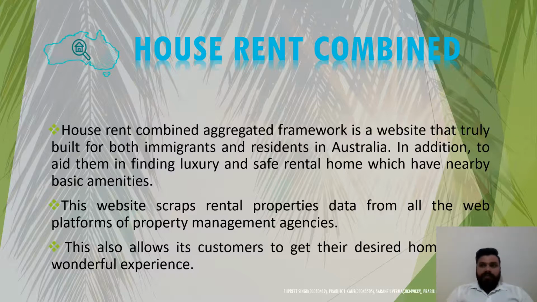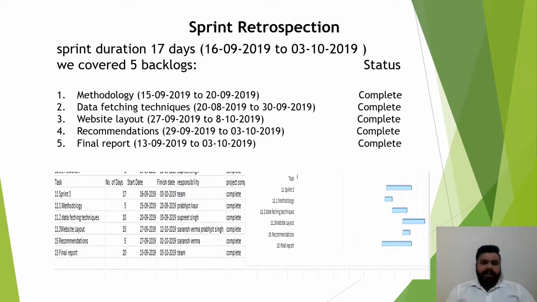We are 4 members in the project, and myself, Saransh Verma, Prabjot Kaur and Prabjot Singh Panu are my team members. So now I'll tell what we have done in this sprint. In the sprint, we have done 5 backlogs, which are methodology, data fetching techniques, website layout, recommendation, and final reports.